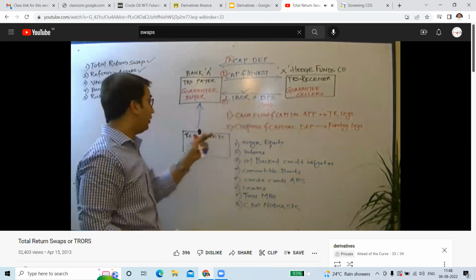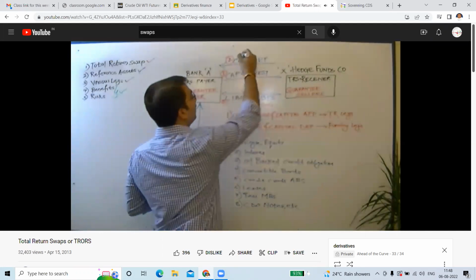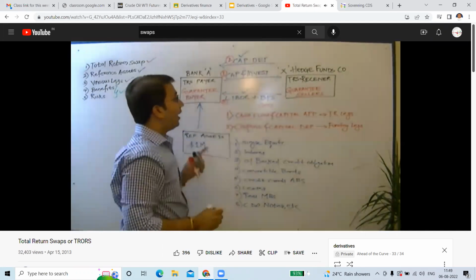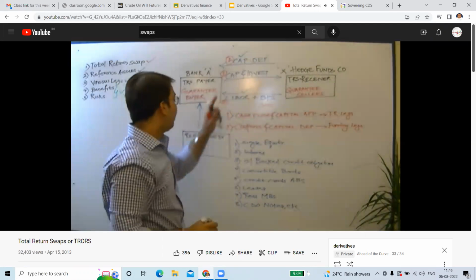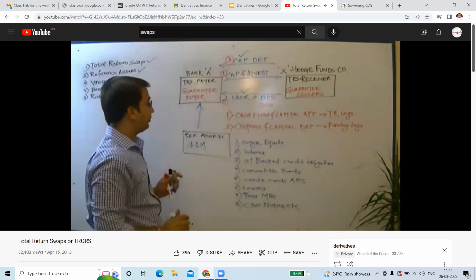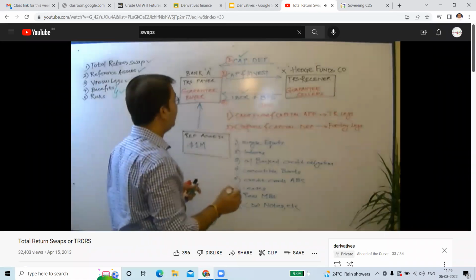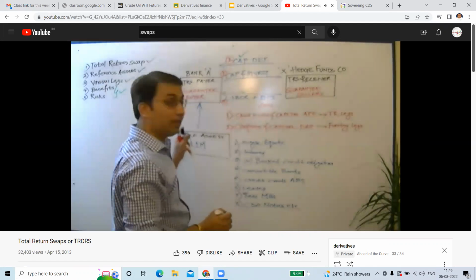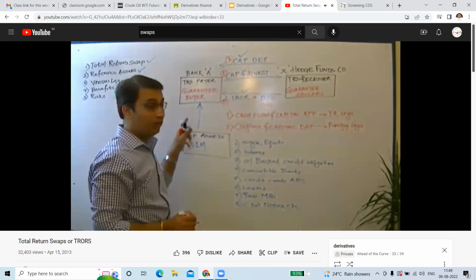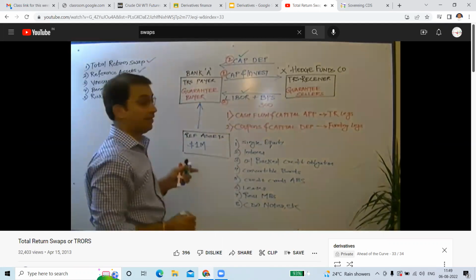The second benefit is that he is receiving a capital depreciation payment if anything goes wrong with this particular reference asset. Third, he is transferring the asset risk to this party. Those are the benefits.